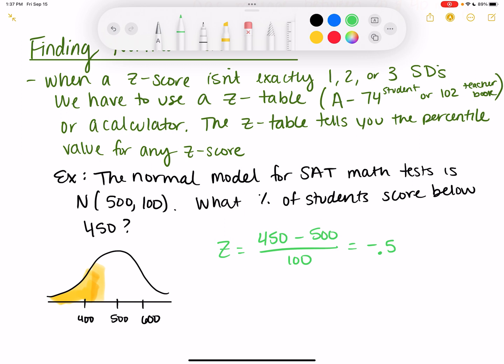The normal model is always going to be your y bar and your standard deviation. Or for the normal, I should technically write mu and sigma officially.